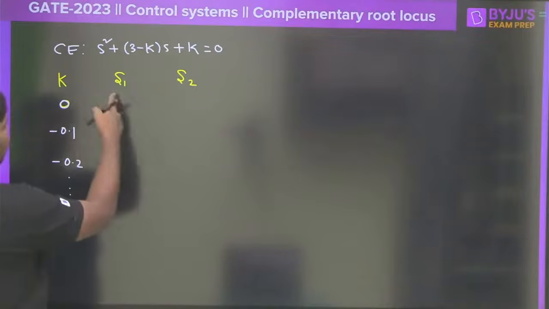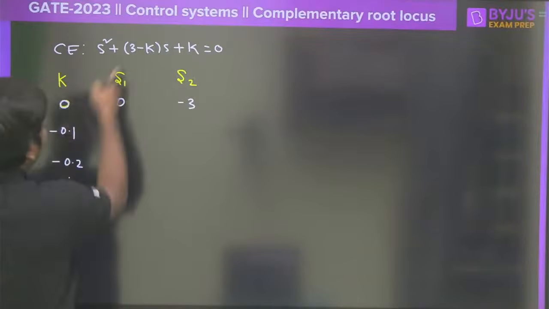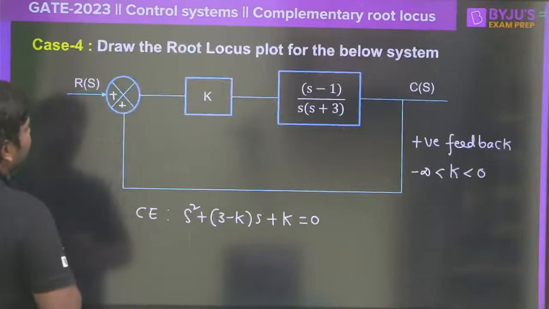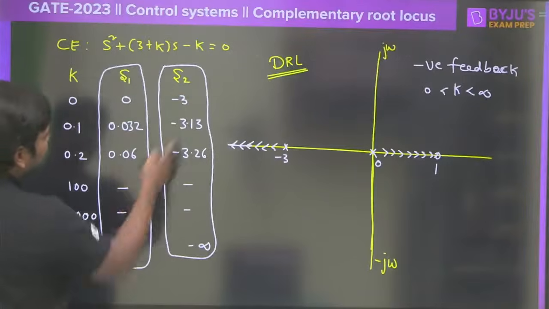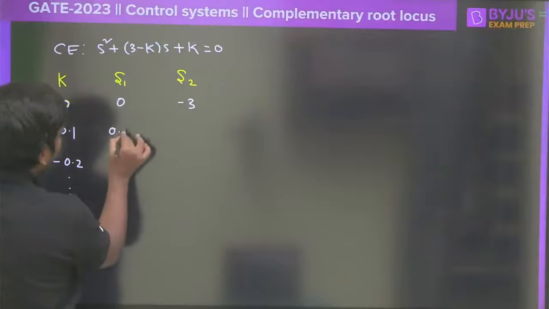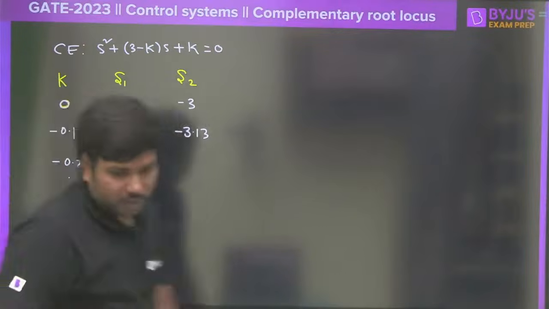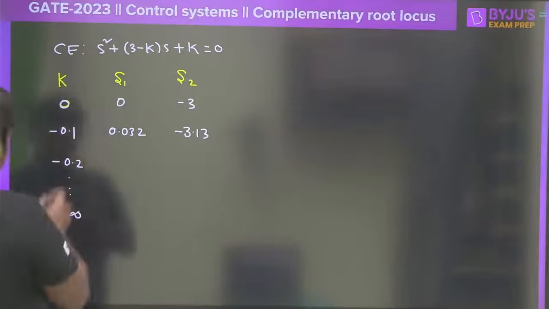Now for the very first time, if you keep k as 0, you will get 0 and minus 3. Keep minus 0.1 here and solve this. When you keep minus 0.1 and solve, you will get 0.032 and minus 3.13. If you want, you can check that. Right away, go for another one, k equal to minus 0.2.